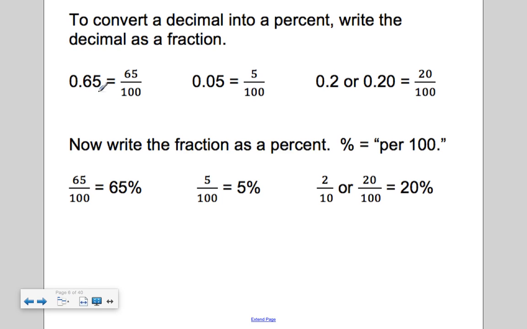For example, this is 65 hundredths. This is 5 hundredths. This is 2 tenths or 20 hundredths. Again, what is the definition of percent? Anything per 100. So what number do you see per 100? That is the percent. 65%, 5%, and 20%.